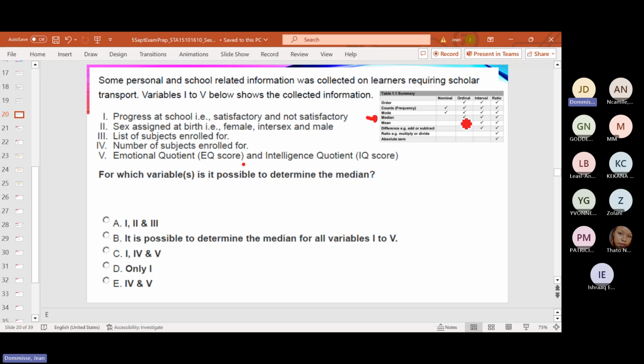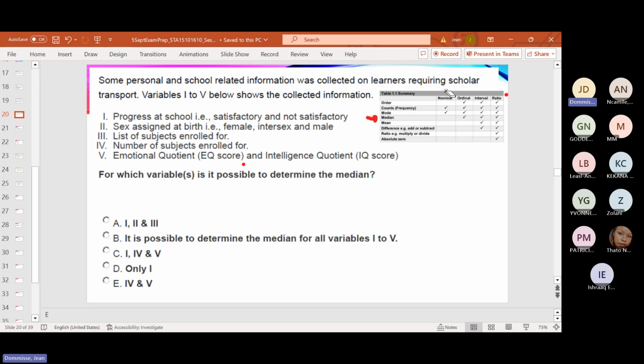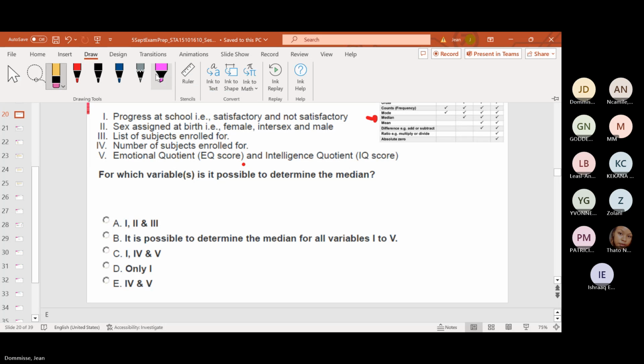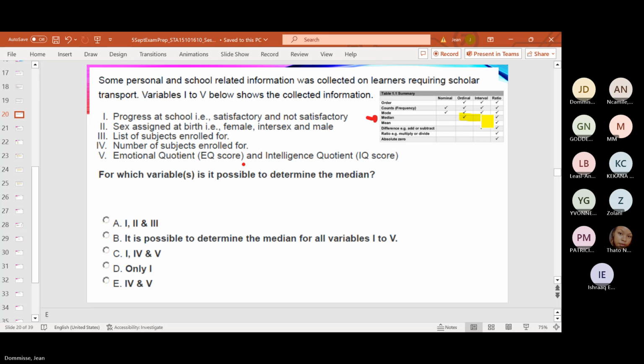So when we look at median, it is possible for ordinal, interval, and ratio.